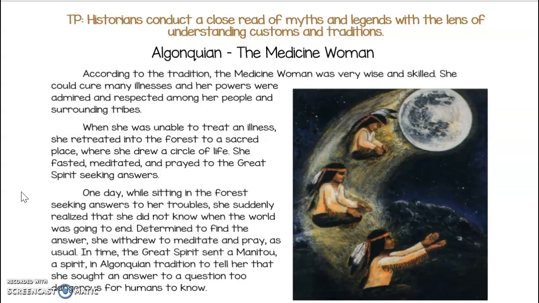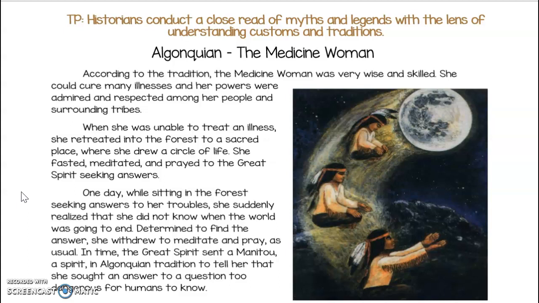Determined to find the answer, she withdrew to meditate and pray as usual. In time, the Great Spirit sent a manito, a spirit in Algonquin tradition, to tell her that she sought an answer to a question too dangerous for humans to know.